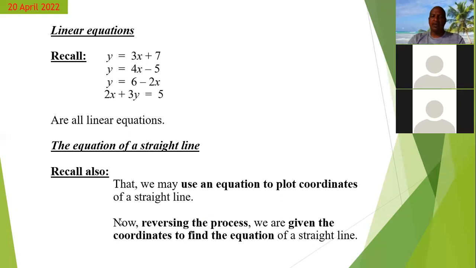We'll be looking at how to use what we know based on the coordinates, based on the gradient, based on the y-intercept, which is c, to get our straight line equation. So we are using the coordinates to find our equations. In other words, we are pretty much reversing the process of when we use the equation to plot coordinates. Now we're using the coordinates to find the equation.